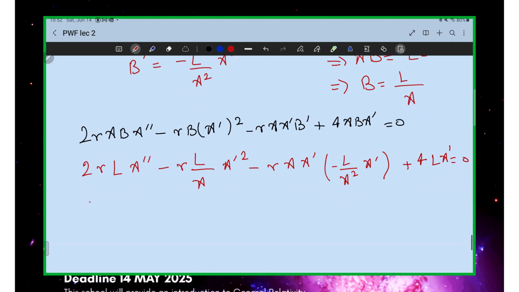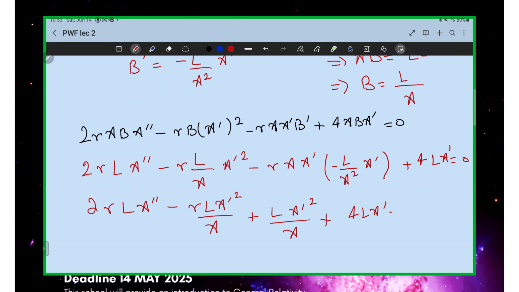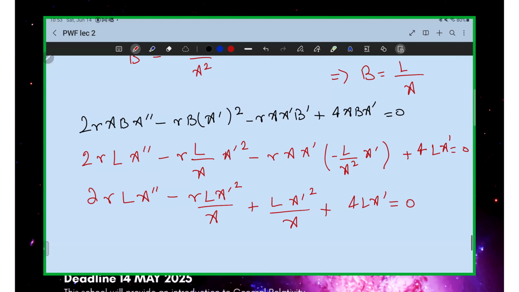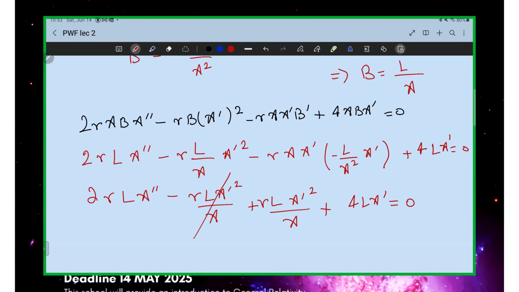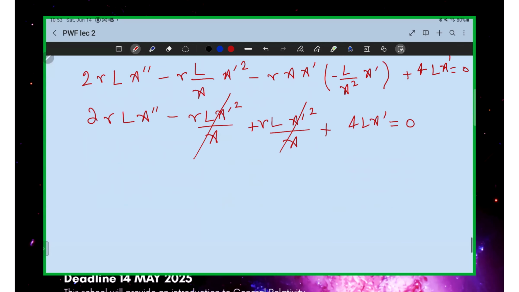So what does it become? It becomes 2L minus L over A plus L prime squared over A plus 4L A prime. Sorry, there's R here. And I think that's it. So these terms cancel, right?